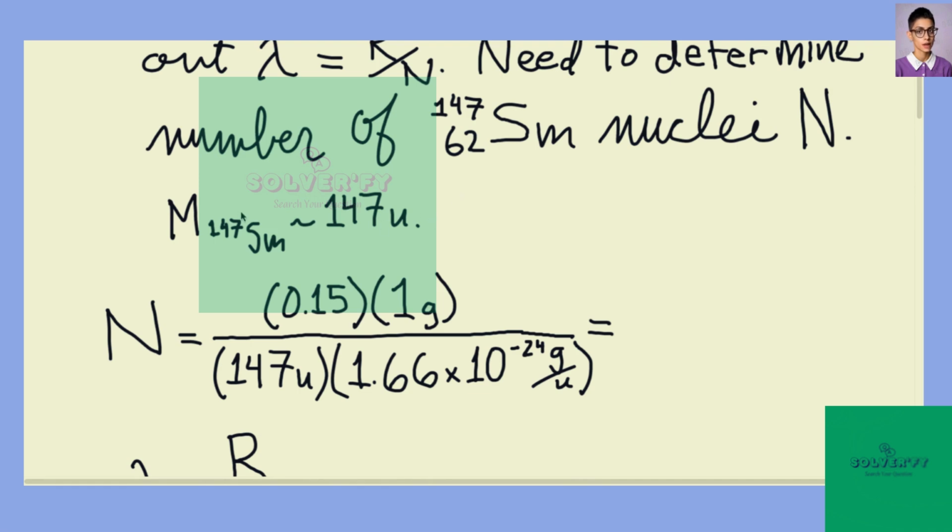Well, we know that the atomic mass is roughly equal to the mass number of an element. We can use that to figure out the number of atoms present of samarium-147 as follows.